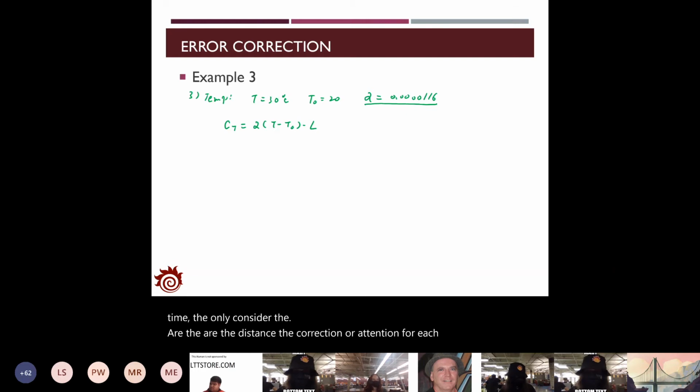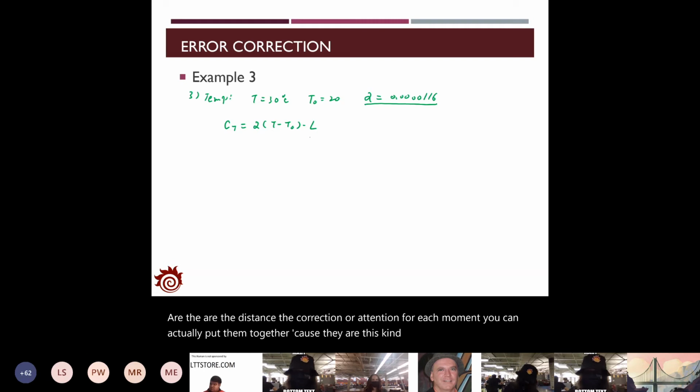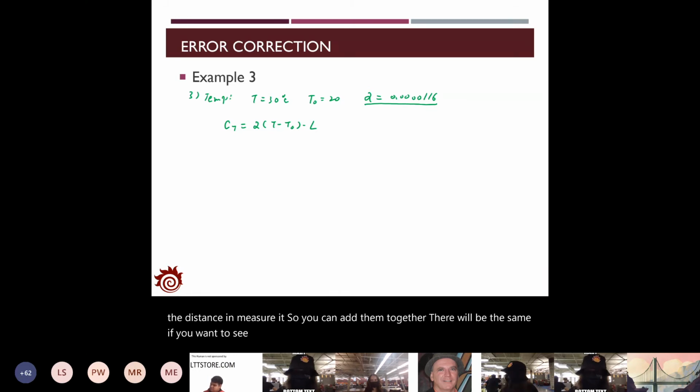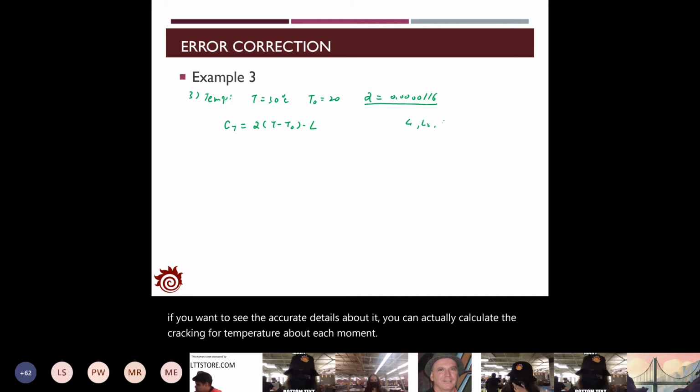You can put them together because if you check this equation, it's linearly proportional to the distance you measure. So you can add them together; they will be the same. If we want to see the accurate details about it, you can calculate the correction for temperature for each measurement, L1, L2, and L3.